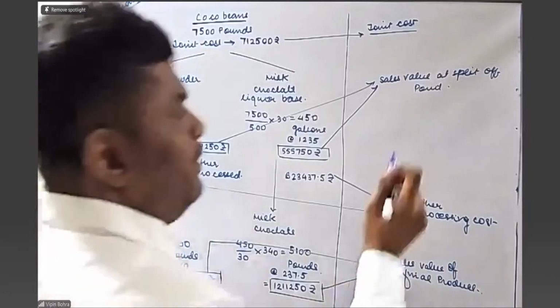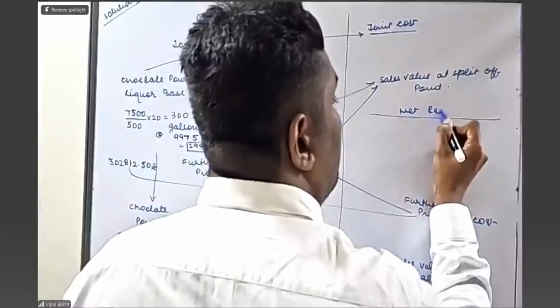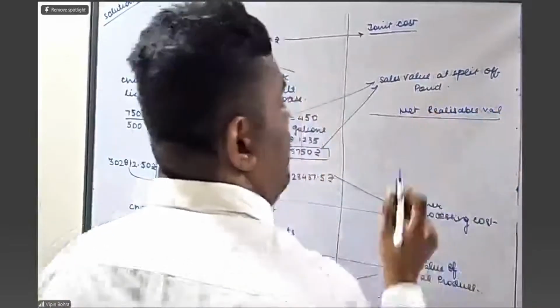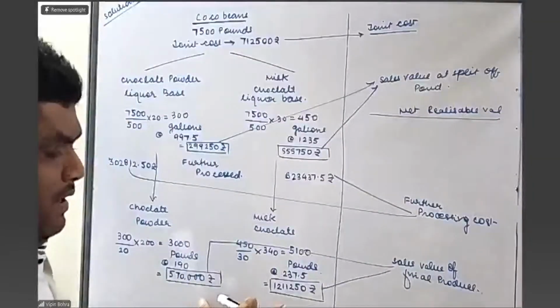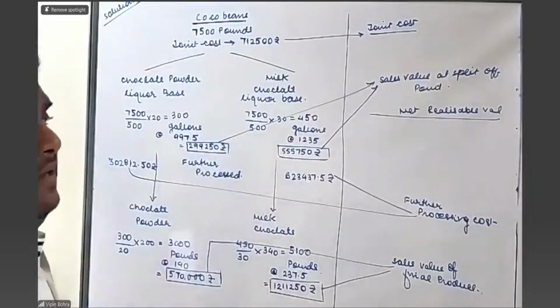And further, if you want to calculate net realizable value, very simple: selling price minus further processing cost, we will get the NRV.